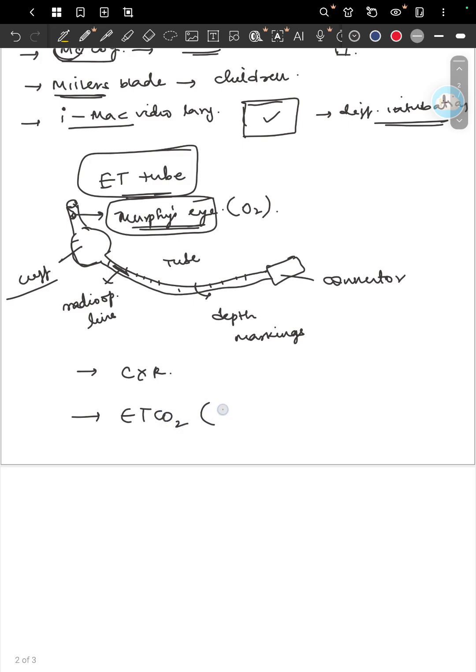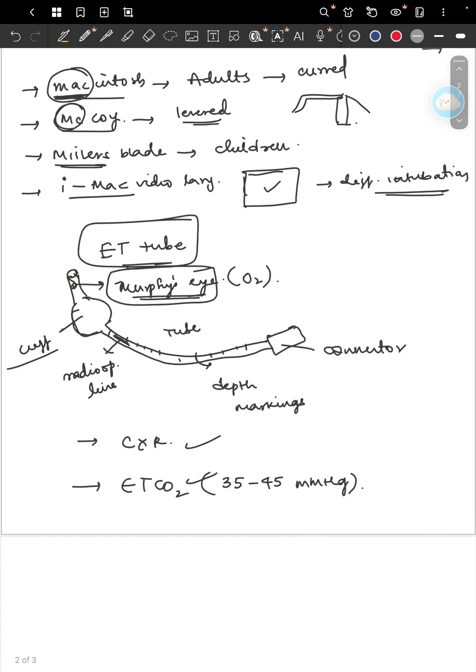End tidal CO2 should be between 35 to 45 mmHg. If we have these two things, it means we inserted our ET tube in the right placement. So this is about the ET tube and its parts: connector, depth markings, radio opaque line, then the tube part, cuff, and Murphy's eye.